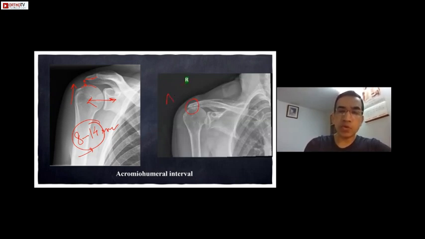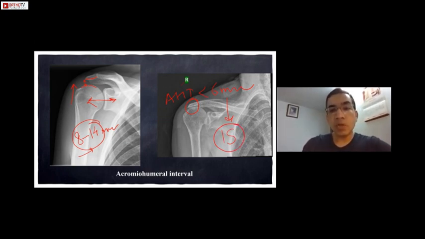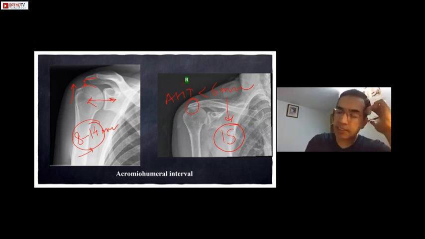When the acromiohumeral interval is less than 6 millimeter, it implies that supra is gone definitely, but infra is also gone. If it is more than 6 millimeter or 8 millimeter, it doesn't say that the supra is not gone. So a distance less than 6 millimeter implies that infra is gone.